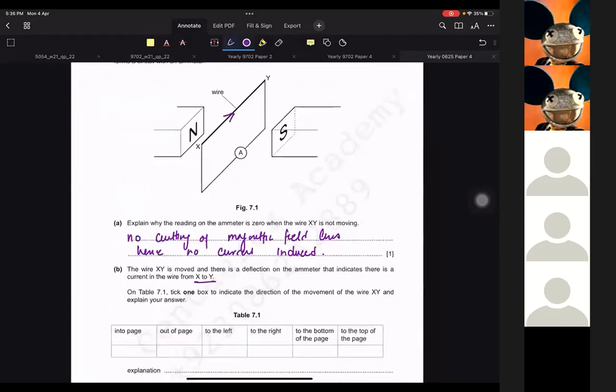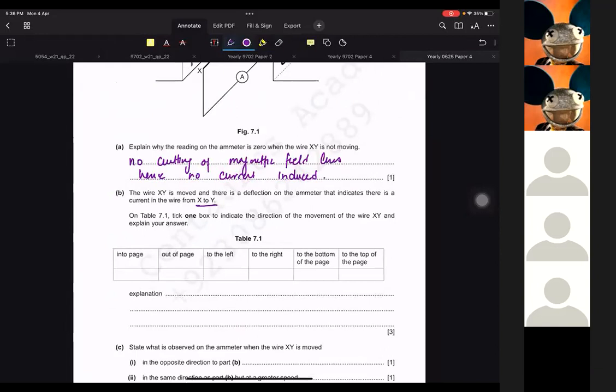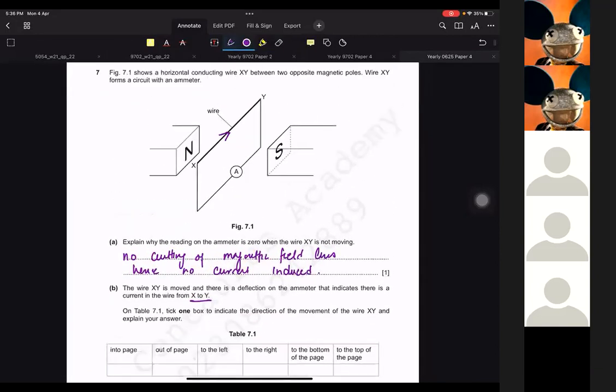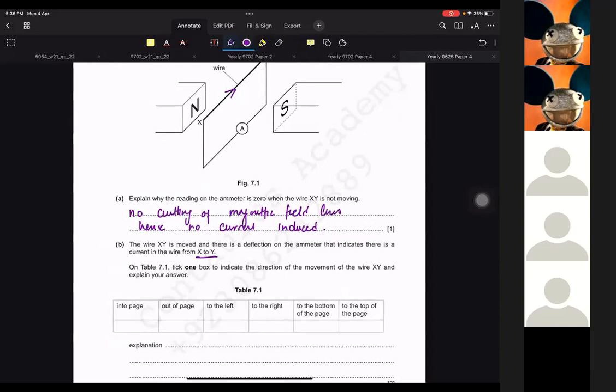Then it says, on the table, tick 1 box to indicate the direction of movement of the wire. Explain your answer. So if there is a current like this, you should know that this is basically induction, and you've got to use Fleming's rule to see, right? All right.